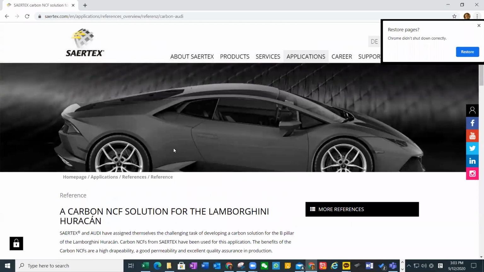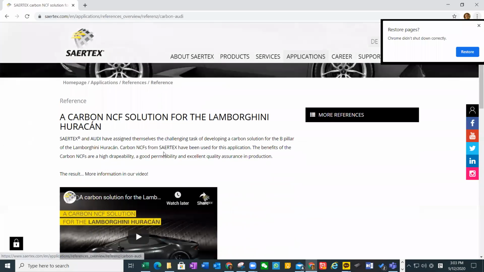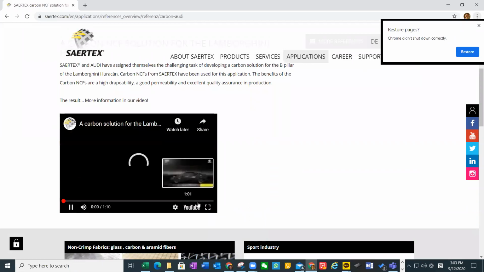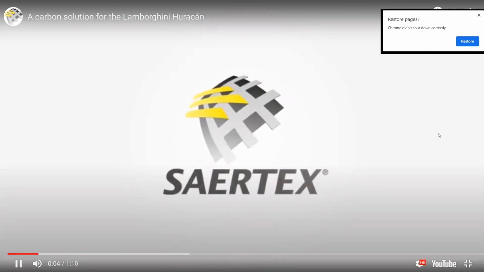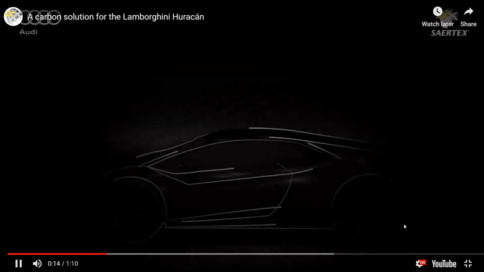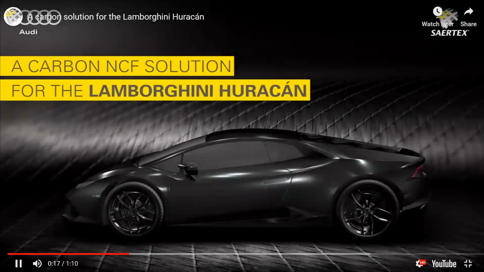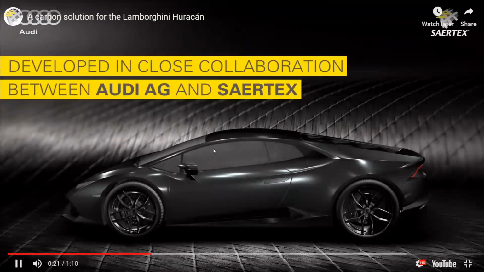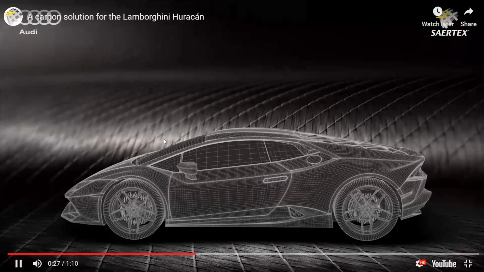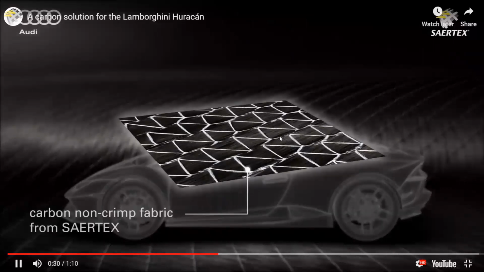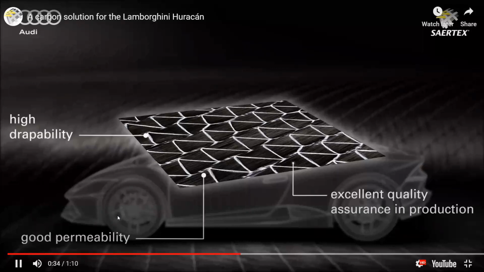Well, this is the Lamborghini using the NCF of Sartec, and as you see in the background, all the fibers are stitched. Non-crimp fabrics.